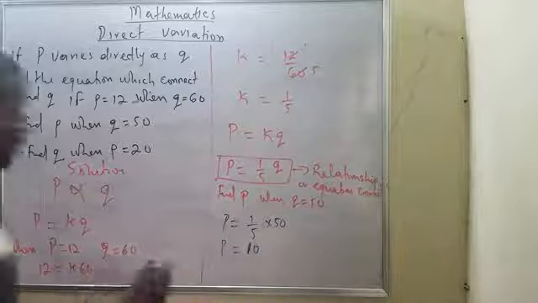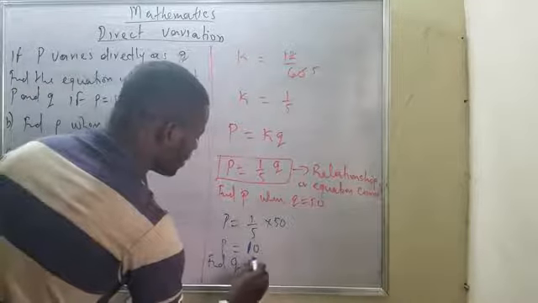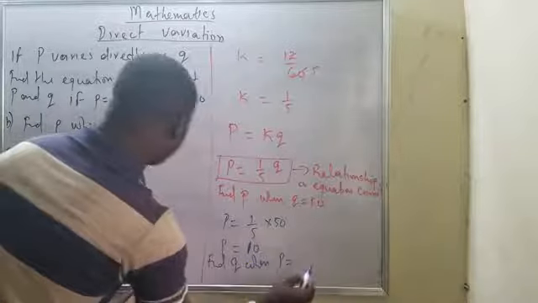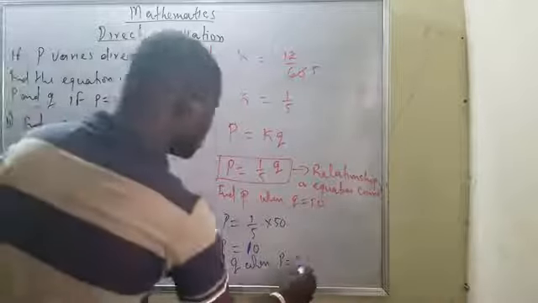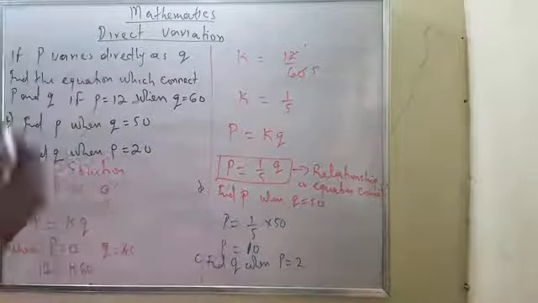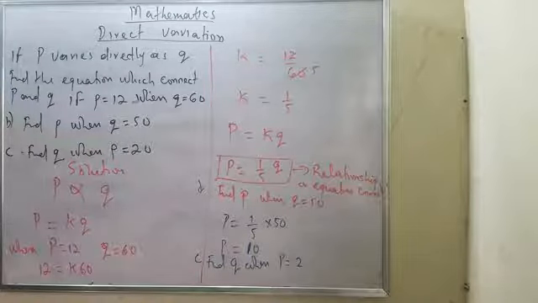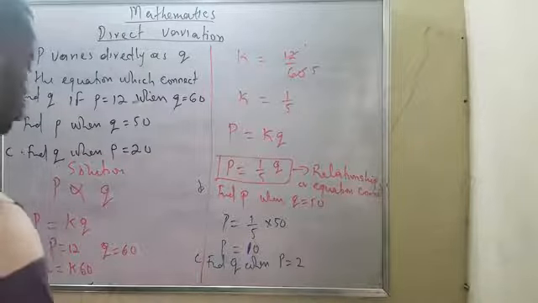Now, I'm also asked to find Q when P equals 20, which is part C. The same thing you do, just put the value of that there, and you collect it. You are good to go.